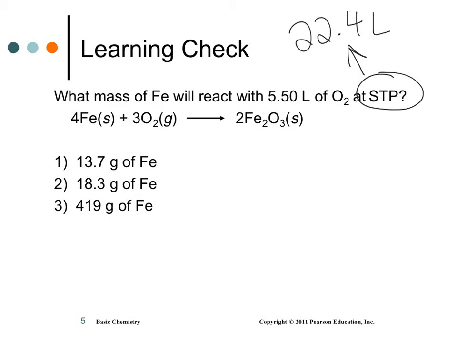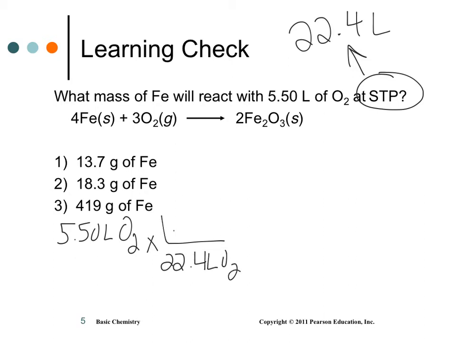We can do this a couple different ways. What mass of iron will react? I think you've already done a problem like this, because it's at STP. 5.50 liter of oxygen. STP. Oh yes. 22.4 liters of oxygen.